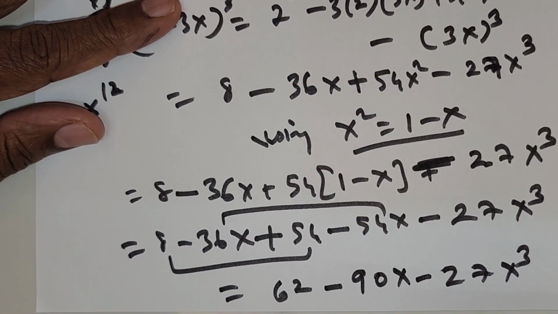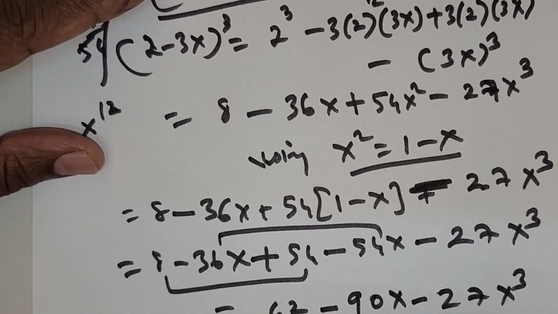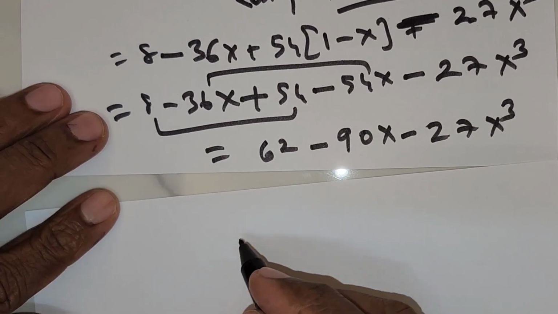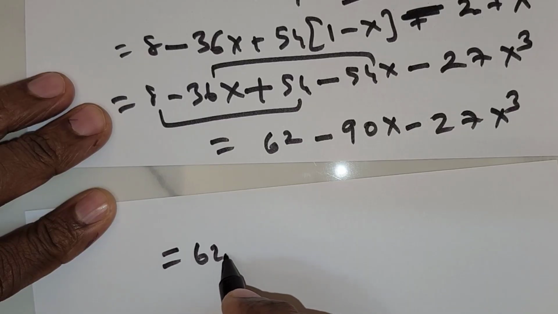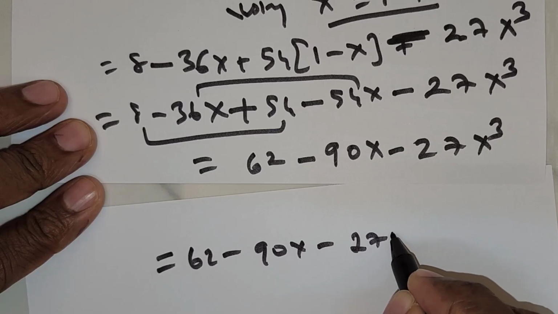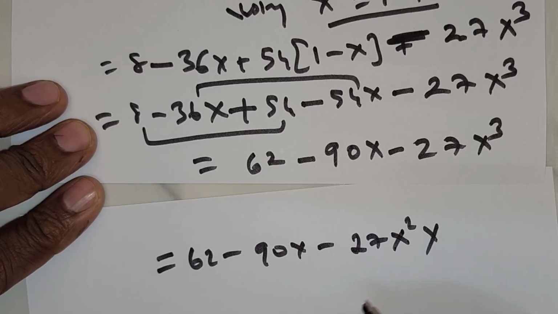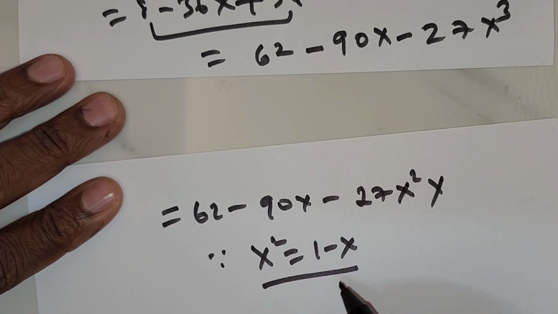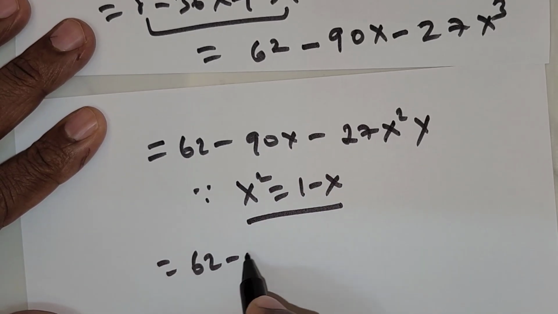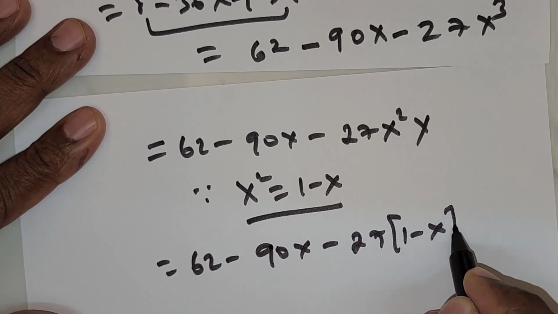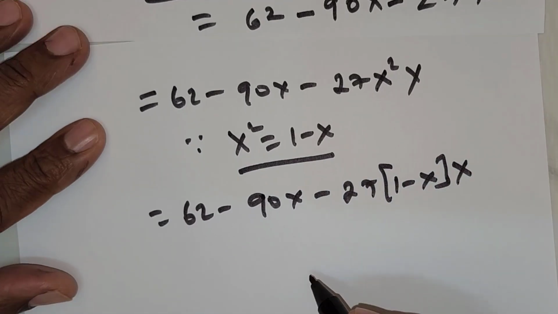Okay, having got that, let's move on. I need another sheet of paper. So this is equal to 62 minus 90x minus 27x squared times x. Since x squared is equal to 1 minus x, I'm going to utilize this there. So 62 minus 90x minus 27 times (1 minus x) times x.